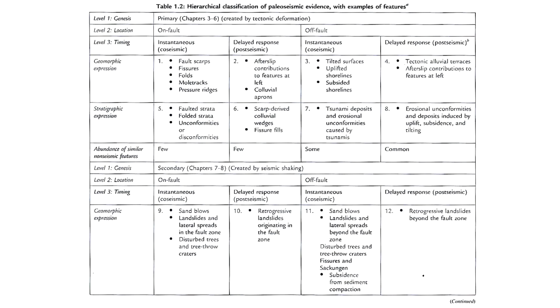But we will have some discussion on this. What we are talking about here is the primary evidence and the secondary evidence. So, primary evidence on fault and off fault. Similarly, secondary on fault and off fault.